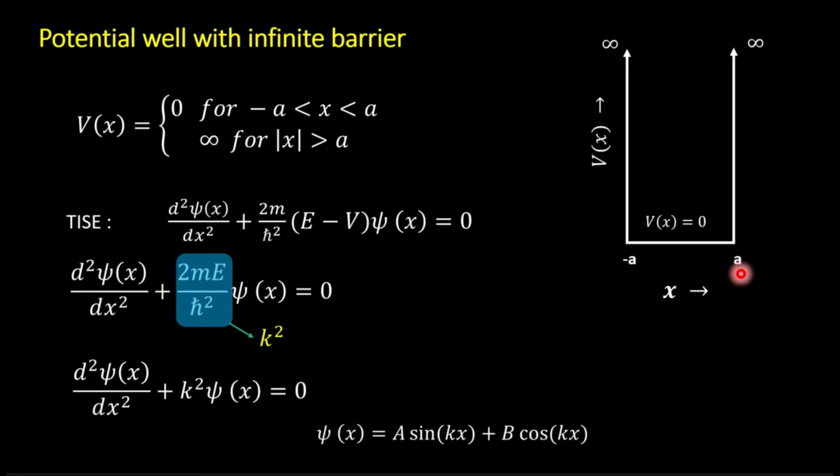As the potential is infinite at these two boundaries, there is no chance of finding the particle outside the well. So the particle is confined totally within the well and there is no way to find the particle outside the well. Hence the wave function must vanish at the boundary of the well.